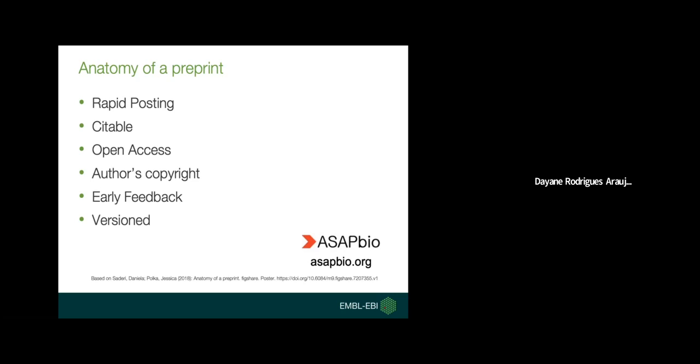Another important point about preprints is that they are versioned. So you can add a new version based on feedback or new data. Prior preprint versions are also retained and they cannot be removed from the server.